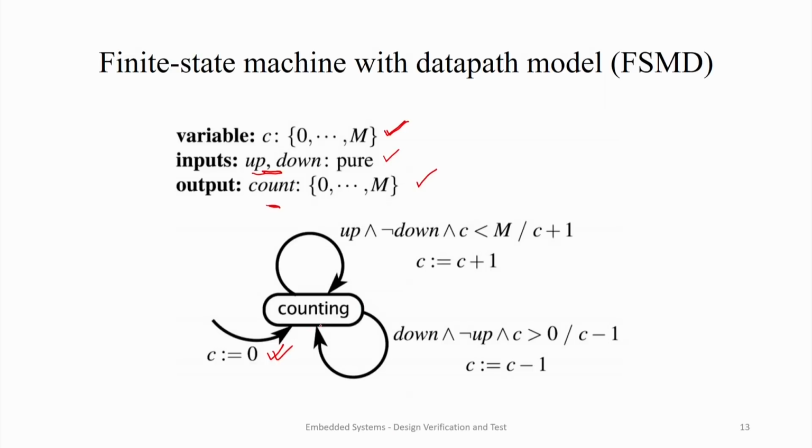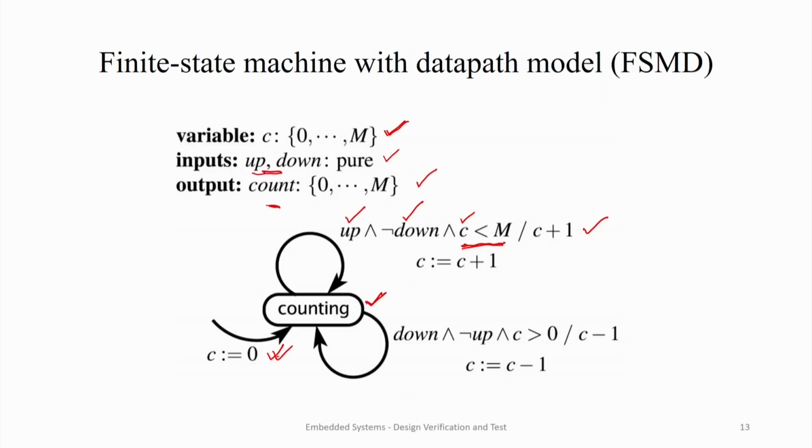Now, how do we output? At this state, if up is 1 and down is 0, and C is less than M, then you output C plus 1. So, at each point in time, at this state C will have a certain value.